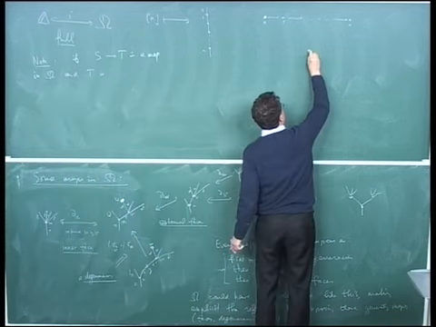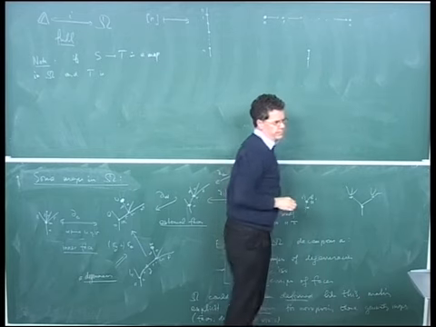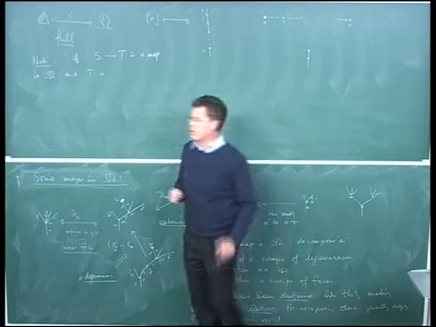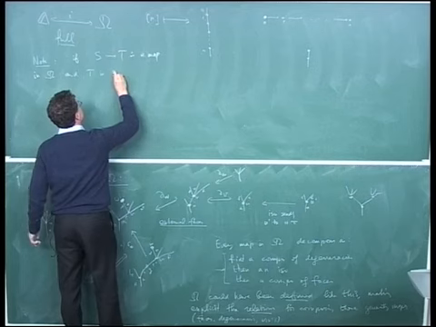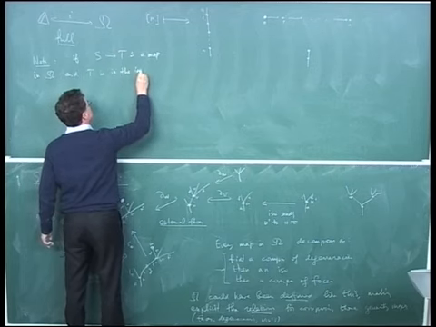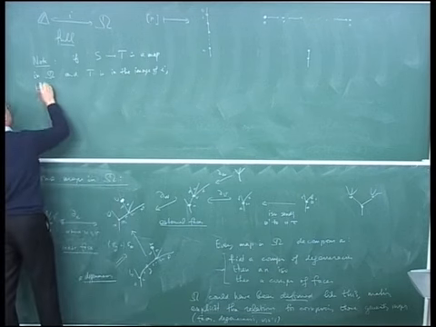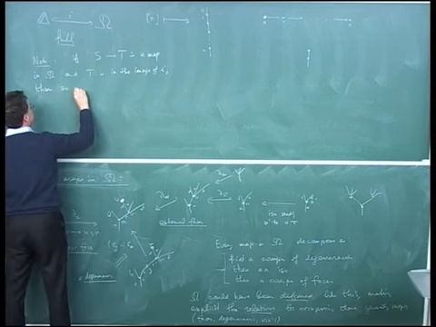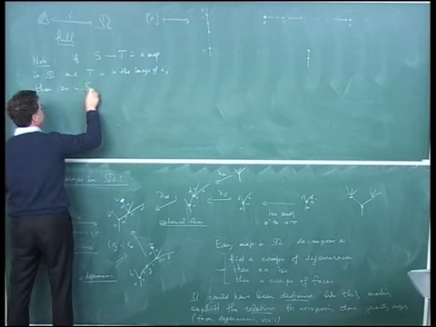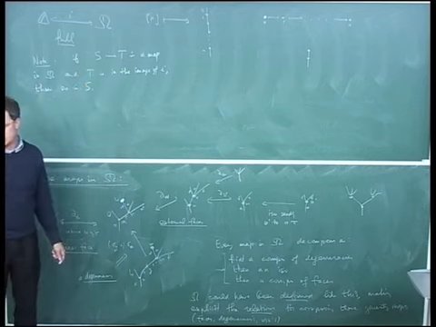Because this is also linear. So I should maybe say T is in the image of I. Then so is S. Yeah.